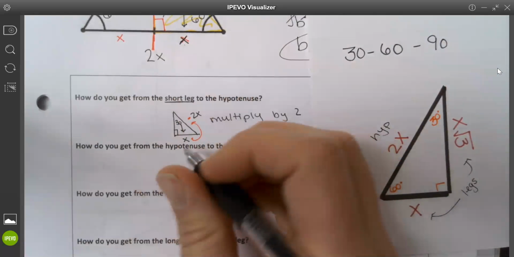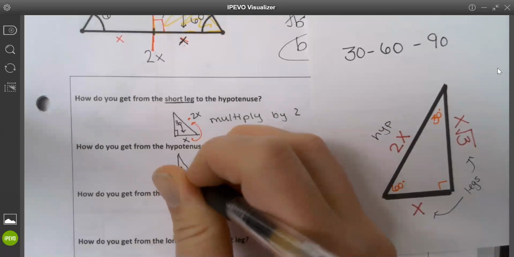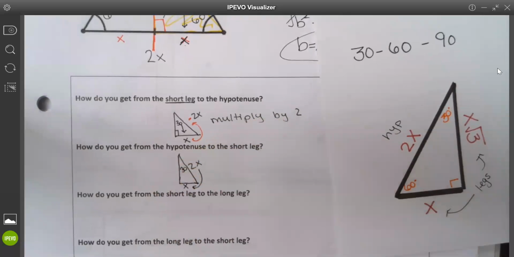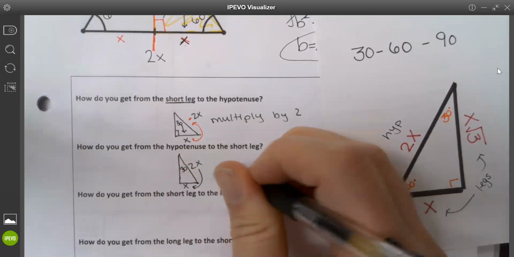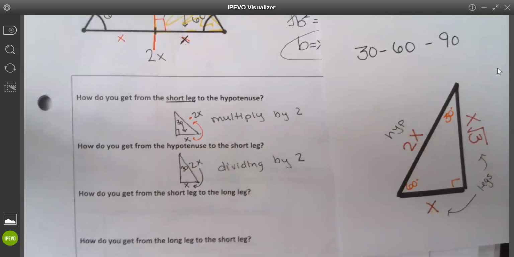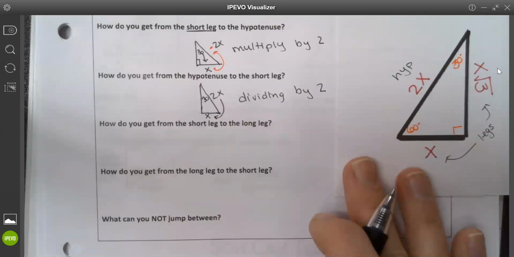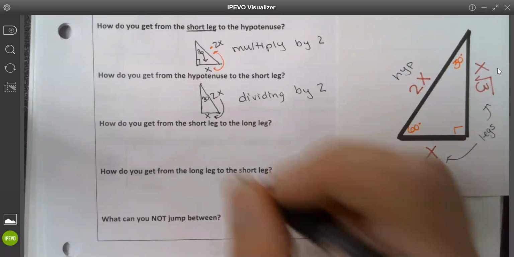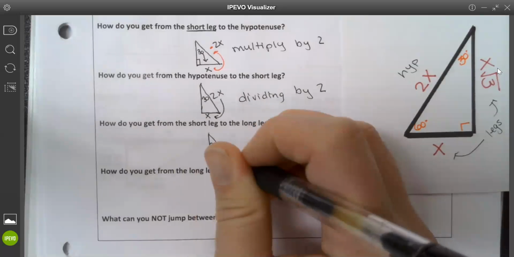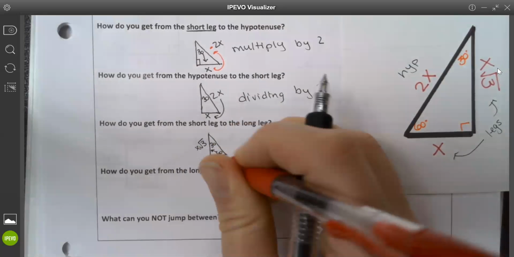If I had the hypotenuse, 2x, and I wanted to get to the short side, which is x, then I would just be doing the opposite. I'd be dividing by 2. If I wanted to get from the short leg, the side across from 30, x, to the long leg, which is the side across from 60, x rad 3, how do I get from here to here?